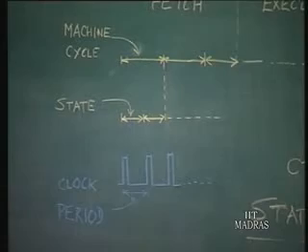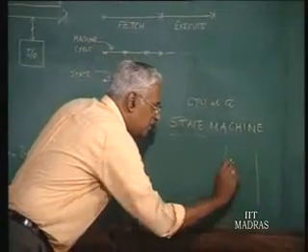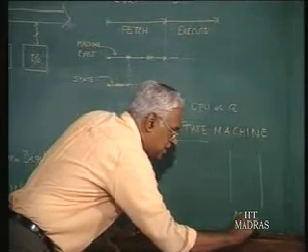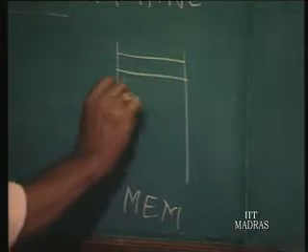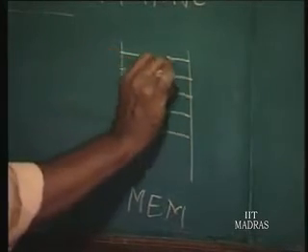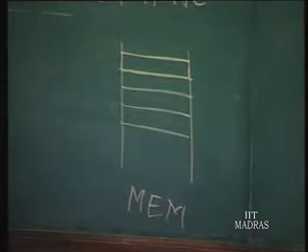I said the memory may be organized so that it consists of some locations, each of which can be uniquely addressed. So there is some unit of data that is there.